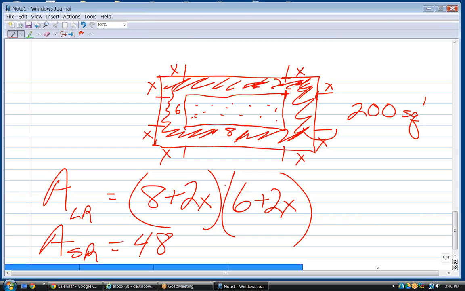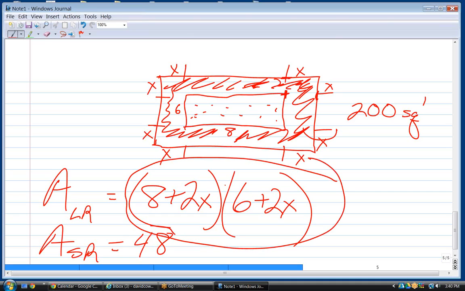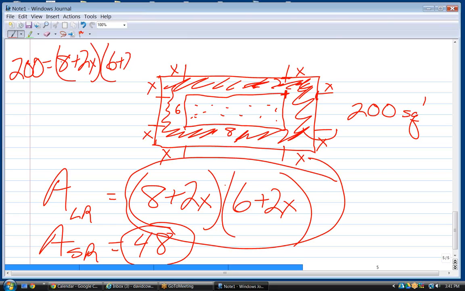So the wooded area is equal to the area of the large rectangle minus the area of the small rectangle, and that's equal to 200. In other words, the equation I can write is 200 is equal to 8 plus 2x times 6 plus 2x minus 48.